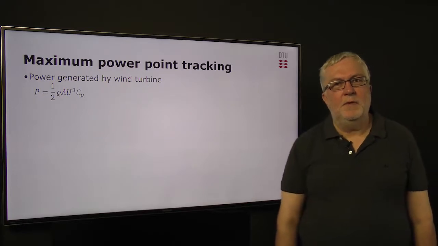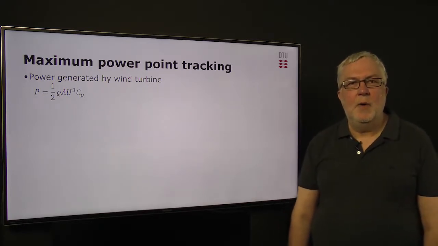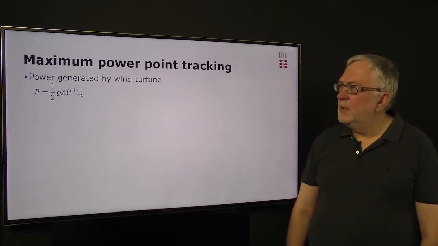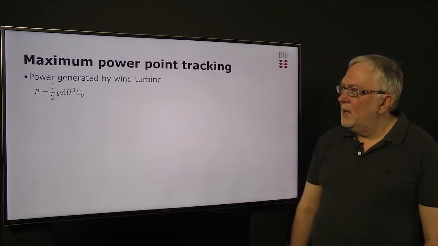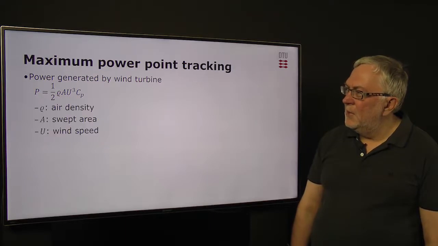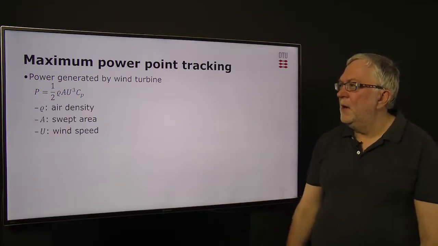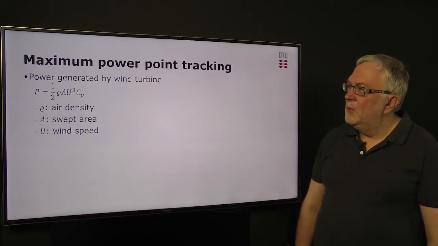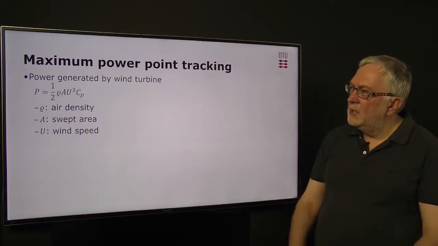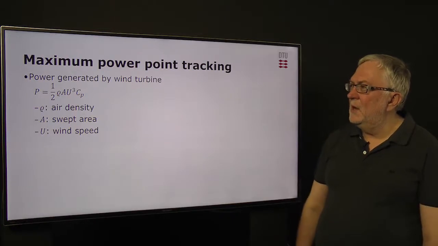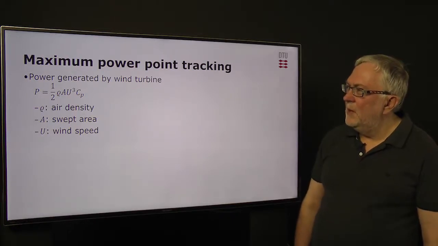Now to the point of tracking the maximum possible power generation. To understand this we can use the power equation that we have here, where the power from a wind turbine is given as the air density multiplied by the swept area of the wind turbine and the cube of the wind speed. This is the kinetic energy we have in the wind.